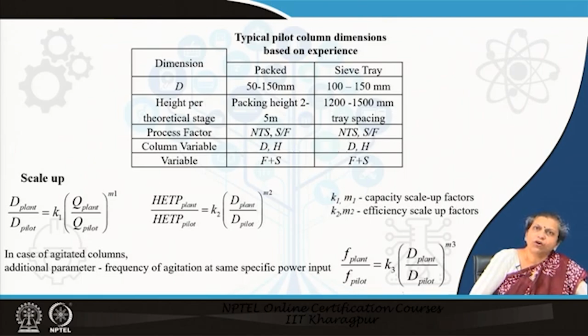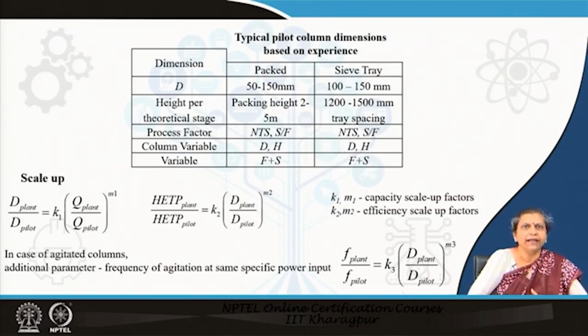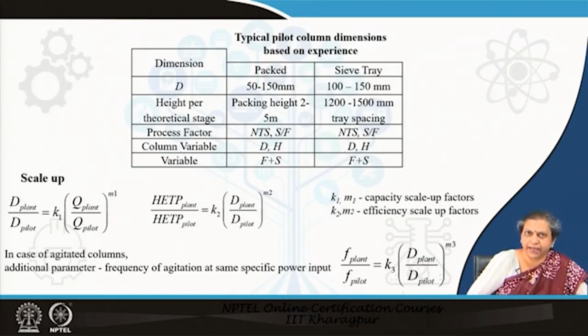Based on them, what are the things that we should be scaling up? Quite naturally, the throughput will be higher in the actual plant as compared to the pilot plant. So, accordingly the diameter and the HETP of the plant have to be decided, or in other words diameter and the column length.